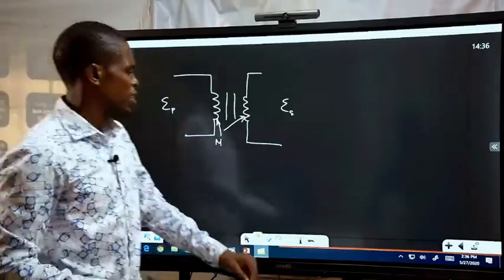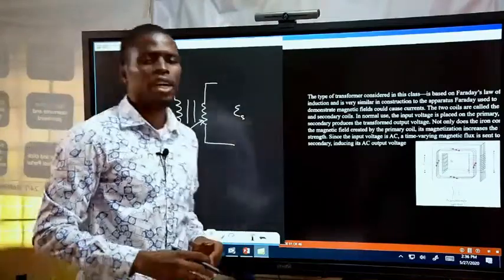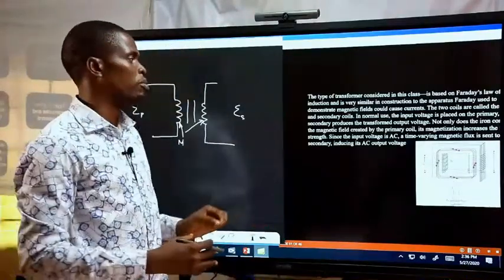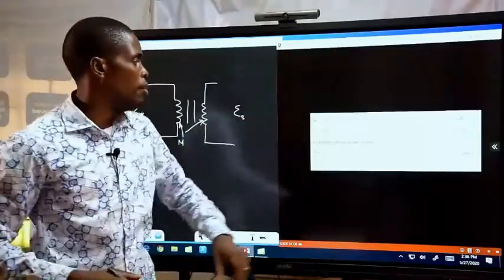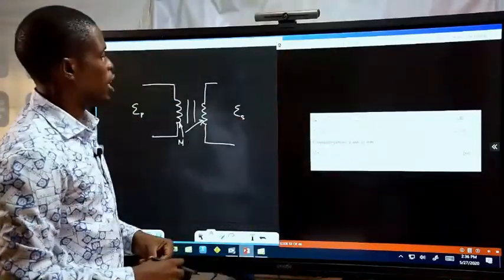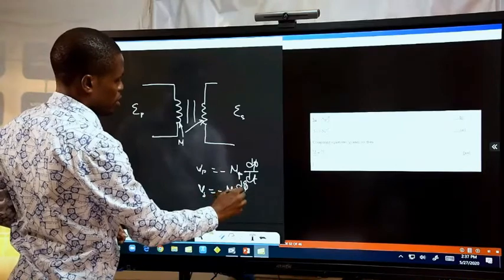Okay? So we can also consider how this is used when it is supplying voltages from the generation plant to the distribution point. We have equations which I've stated earlier, that the voltage at the primary is given as Vp equals minus Np dΦ over dt, and Vs is equal to minus Ns dΦ over dt.